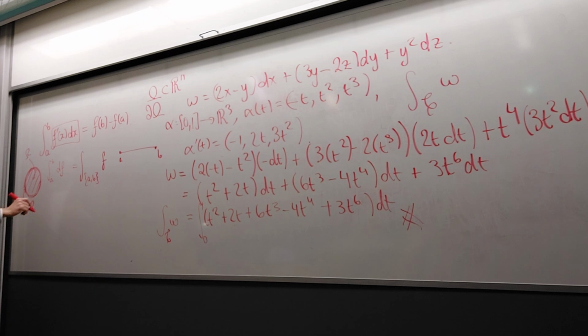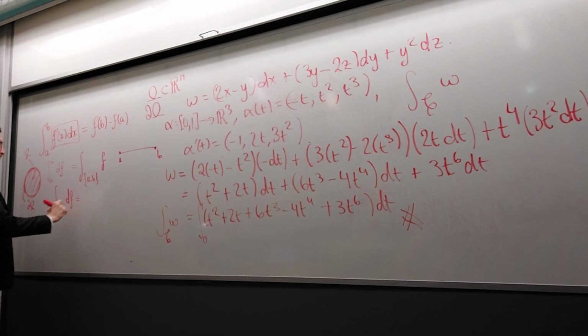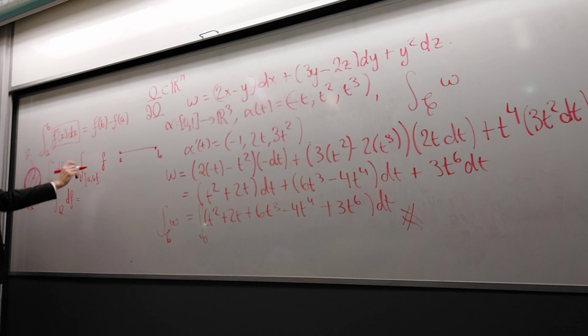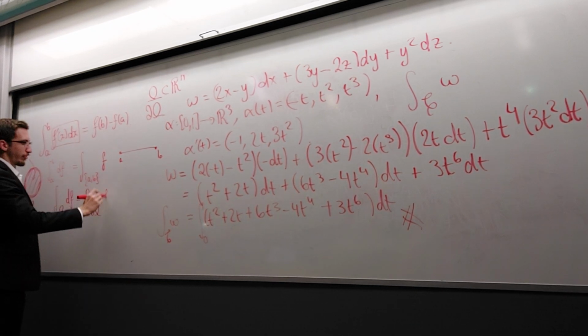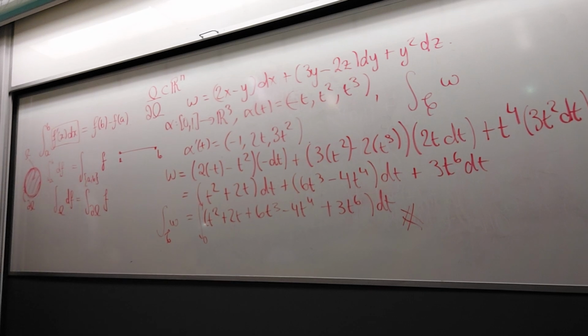So let me write this further as the integral over omega, where omega is now the interval, of df. And that's now the integral over the boundary of f. Does everyone follow my discussion so far? There's no precision here, this is just heuristic.